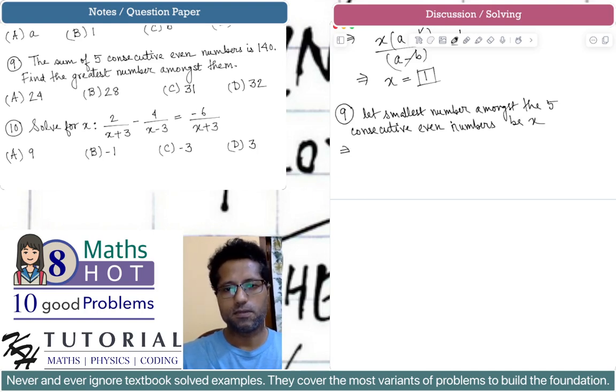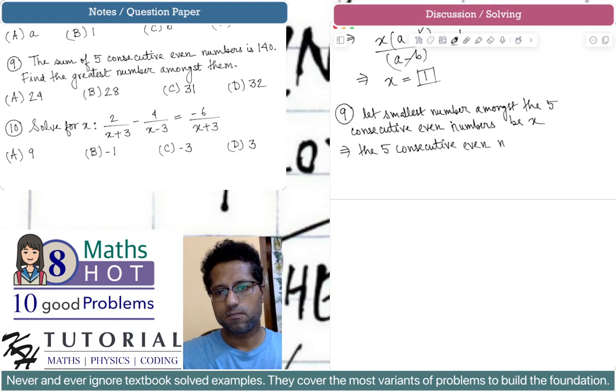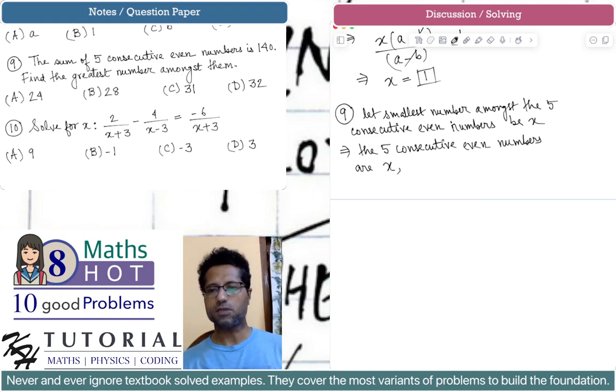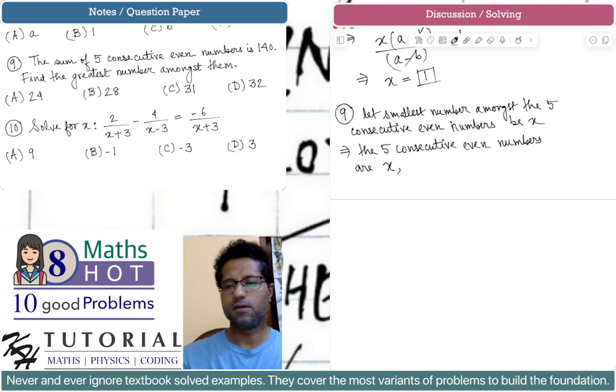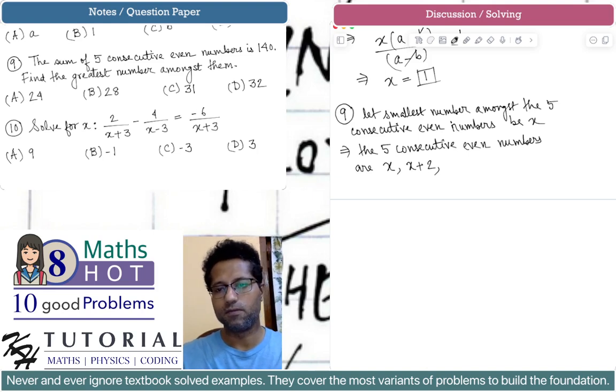So this implies the 5 consecutive even numbers are, we will start from x, and if x is the smallest even number, then the next consecutive even number will be x plus 2, and hence after x plus 2 the next consecutive even number will be x plus 4, and we will have then x plus 6, and finally we will have x plus 8.